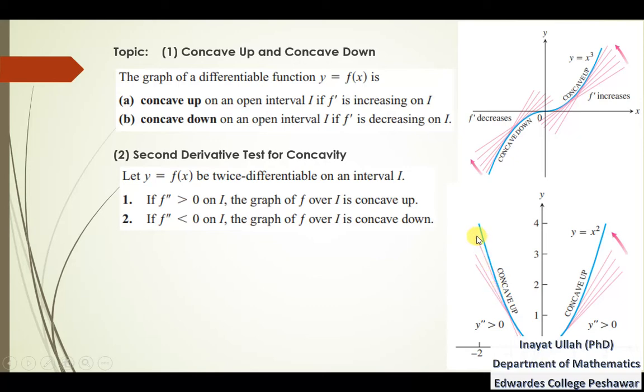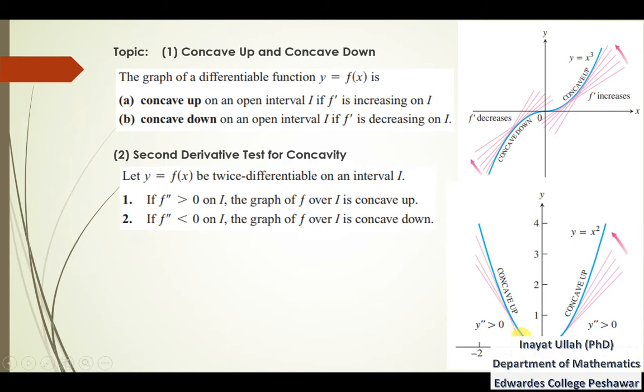You start from here, take a point there and draw a tangent line. The tangent line has a negative slope, because this angle is greater than 90 degrees. All these angles are greater than 90 degrees.